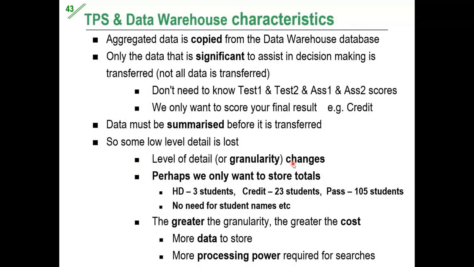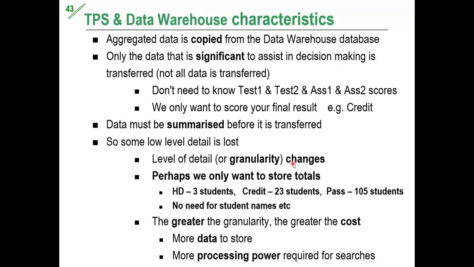Therefore, what we need to do is think about what data we need to extract. What significant data, what kind of important information, we need to copy from other databases to the data warehouse.